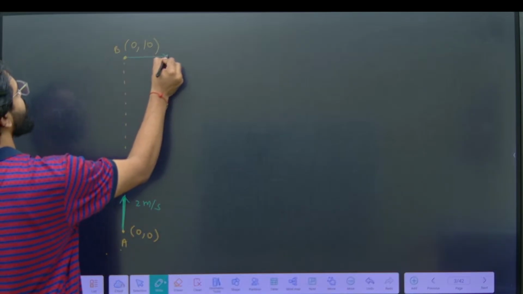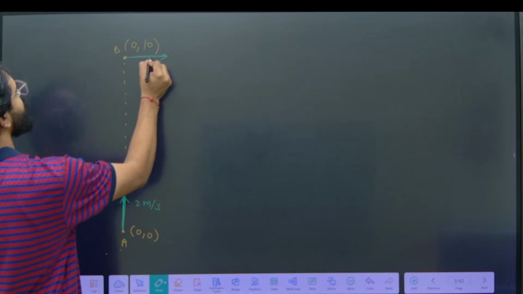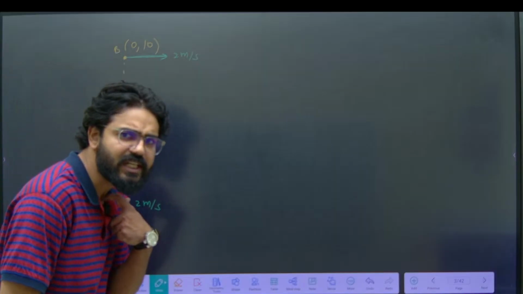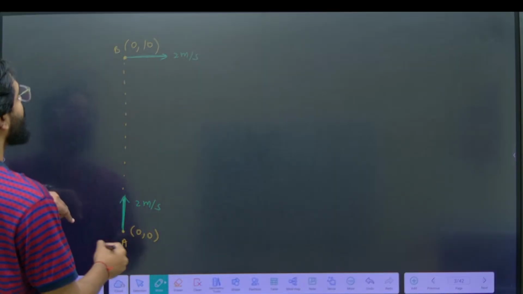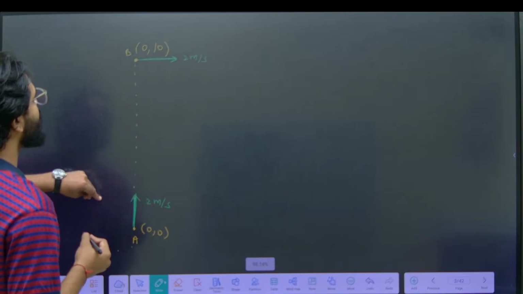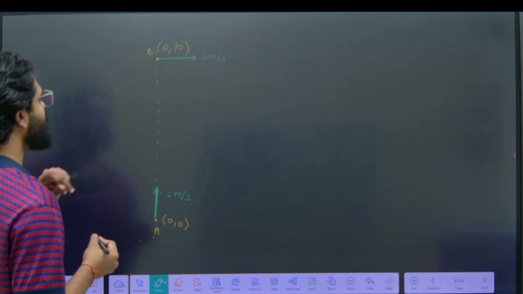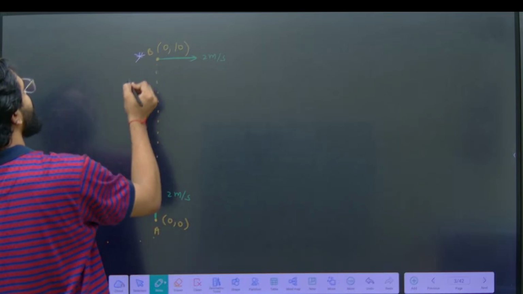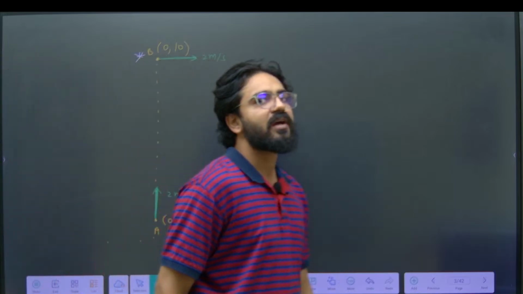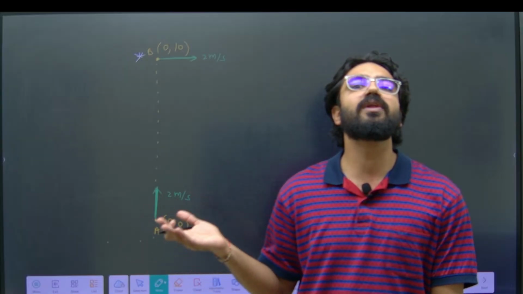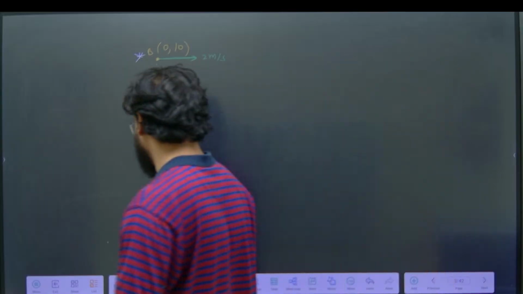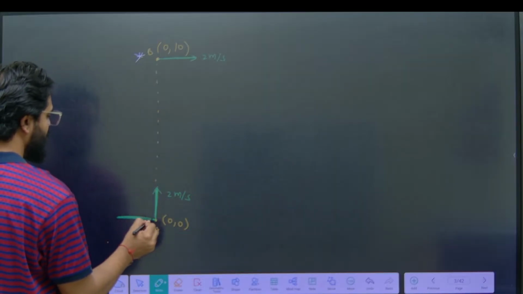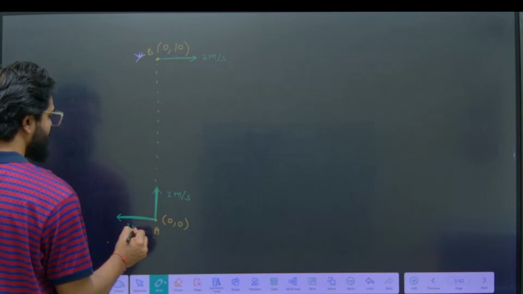Guy B starts to move with 2 meter per second like this, as the question is saying, right? We will use a little bit of relative velocity here, correct? So stop one guy, and all of its powers will be reversed and given to the other guy. Over here, the powers of B are given to A, which is 2 meter per second.